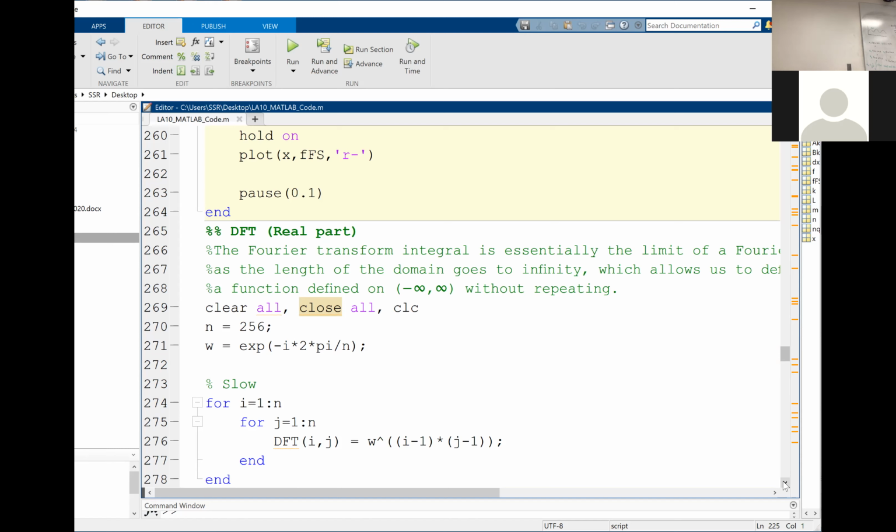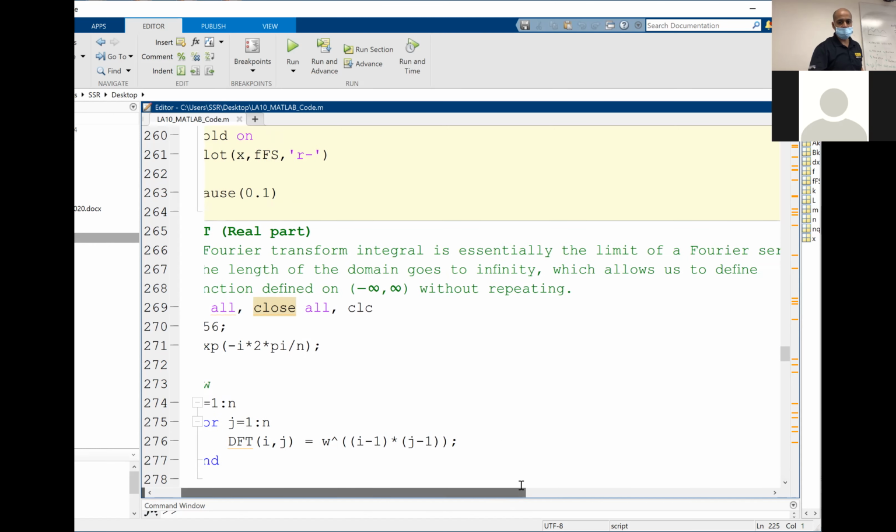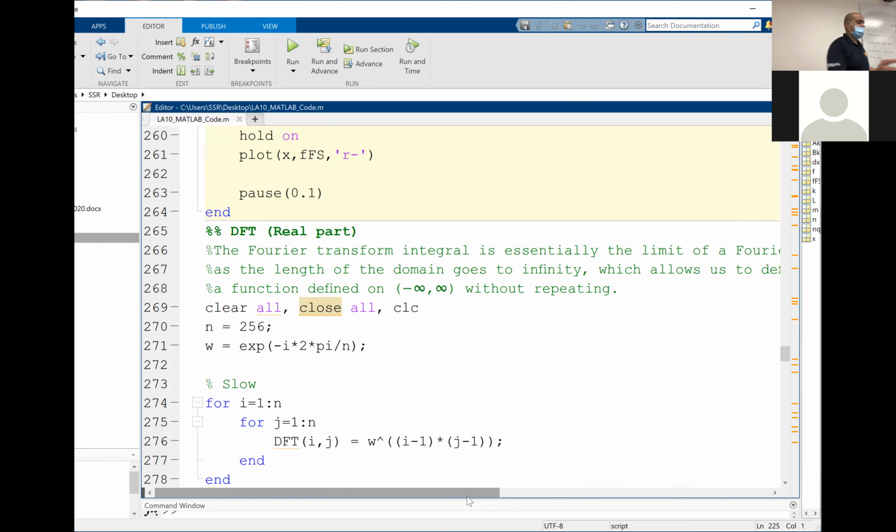Fourier transform is basically the limit of the Fourier series wherein the length of the domain goes from minus infinity to plus infinity, and you take the limit. That means essentially you can represent any signal with something called the Fourier transform.